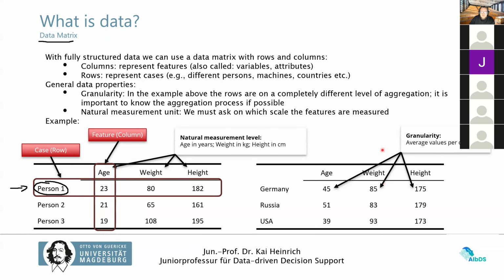So for example, what if we have sensor readings, right? How often do they occur? This is important. Which object are they attributed to? For example, each of these rows could also be a machine at a certain time. So you will have, for example, machine one at 12 o'clock, machine one at 12 o'clock and 50 seconds. And then you have all these sensor readings for the machine.